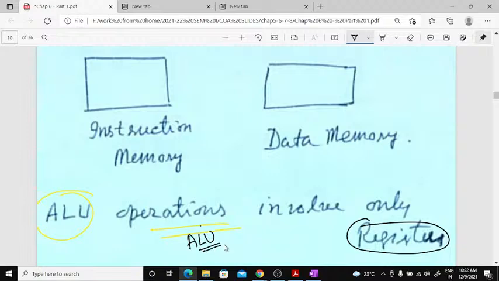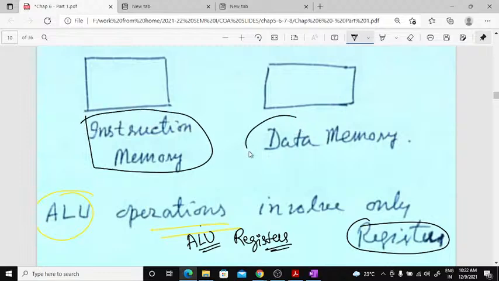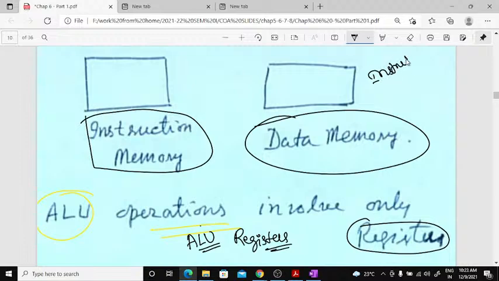And here the 5-stage pipeline is divided into the instruction memory and data memory. The memory is divided into two units, like instruction memory. Instruction memory means only instructions are kept. Data memory means it contains the data.